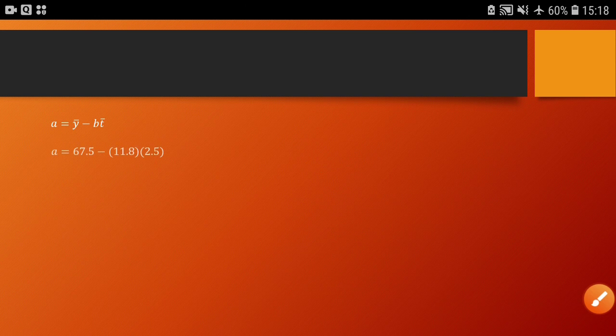So it was easy. So A is y bar minus b t bar, then y bar is 67.5 minus 11.8 into 2.5. 67.5 minus 29.5 is 38. So y cap is equal to a plus bt, 38 plus 11.8 into t.